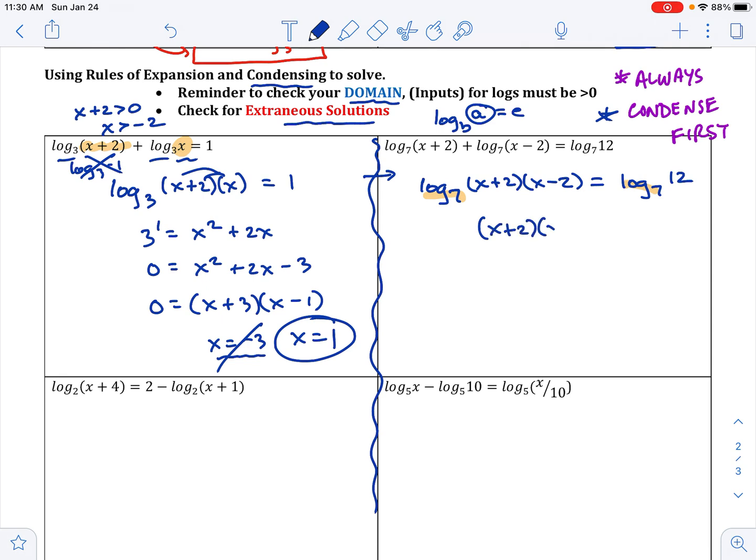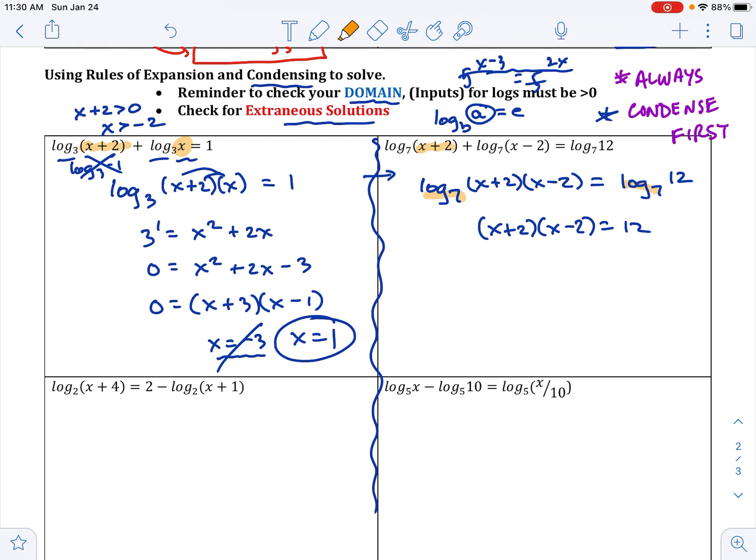So (x plus 2) times (x minus 2) equal to 12. If you think earlier when we were doing problems like, say, 5 to the x minus 3 equal to 5 to the 2x, we ignored the bases and we set the exponents equal to each other. Very similar concept, okay? So from here, I am going to solve, and again, start thinking ahead.